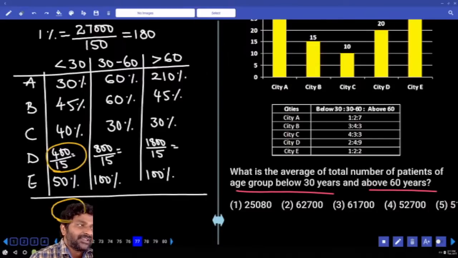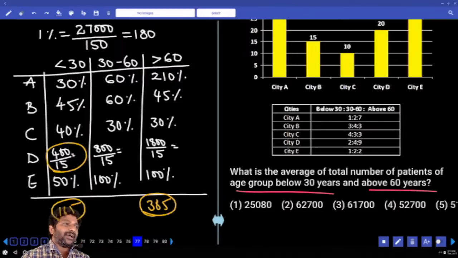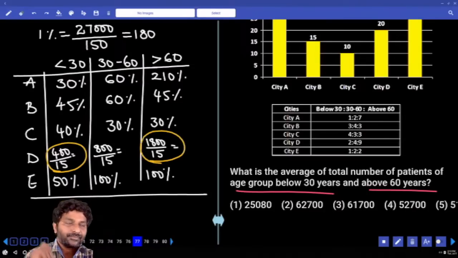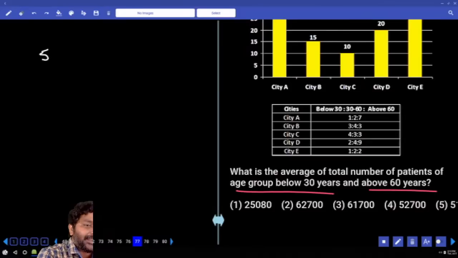Here we have 165, so add these two. 550. Yes, 550%. And how many are left over? These two. Done? 550%, where 1% value is equal to plus.